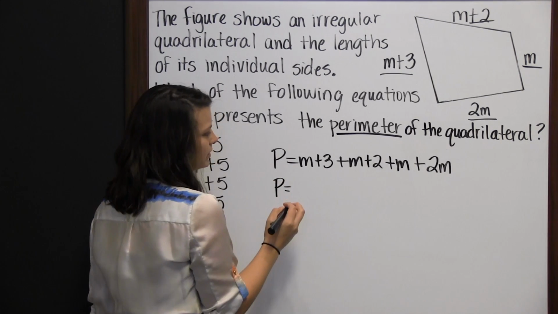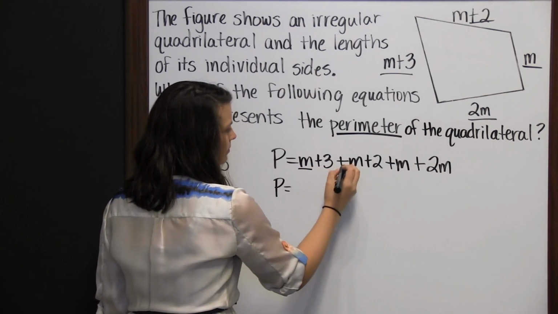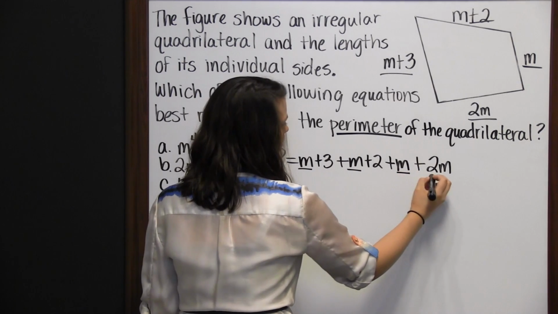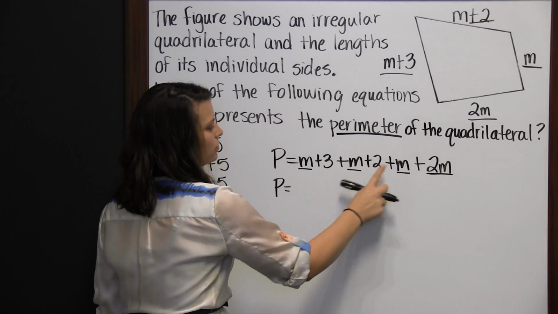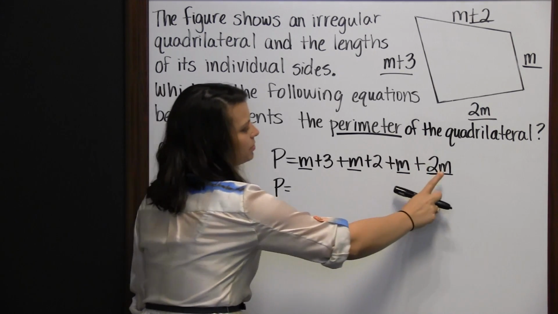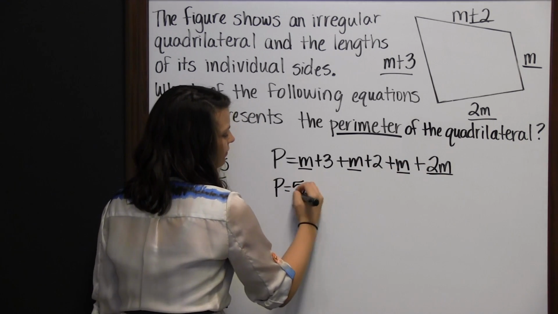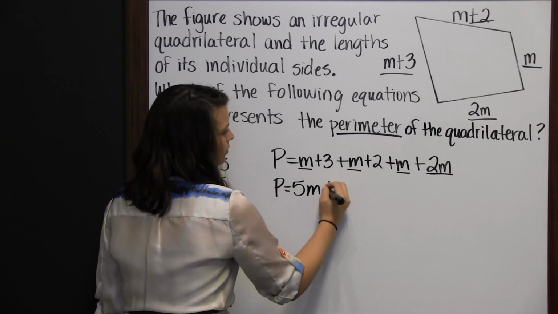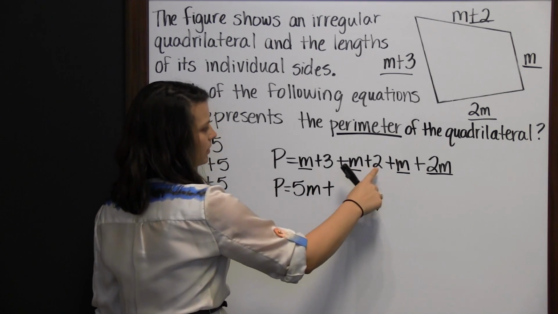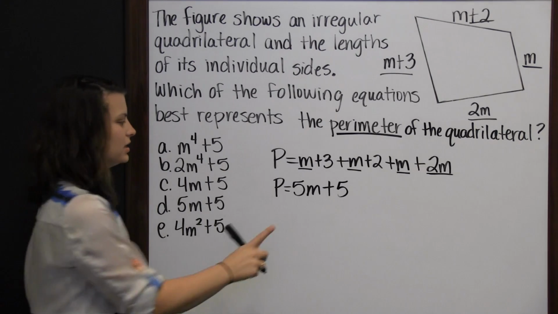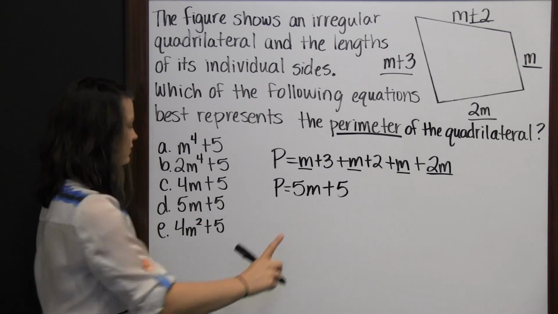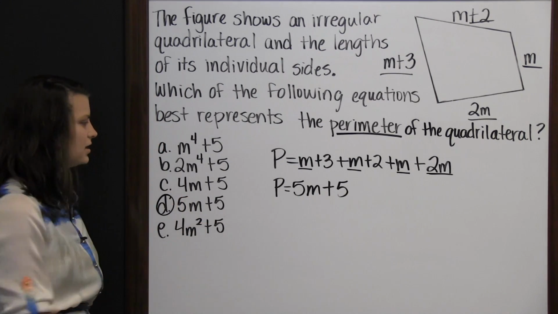So the perimeter is m plus m plus m plus 2m. So that's 1, 2, 3 m's plus 2 m's is a total of 5 m's. Plus 3 plus 2 is 5. So the perimeter is 5m plus 5. Answer D.